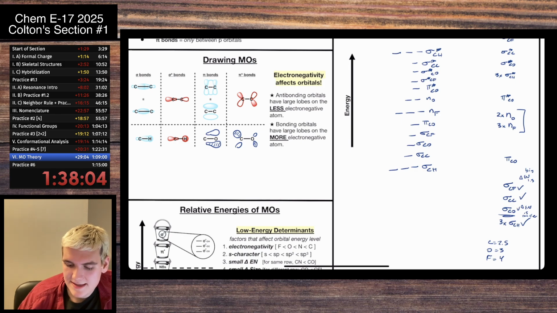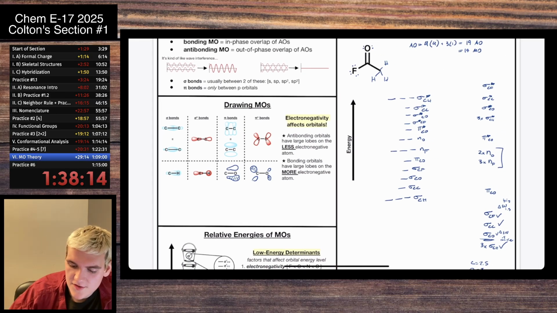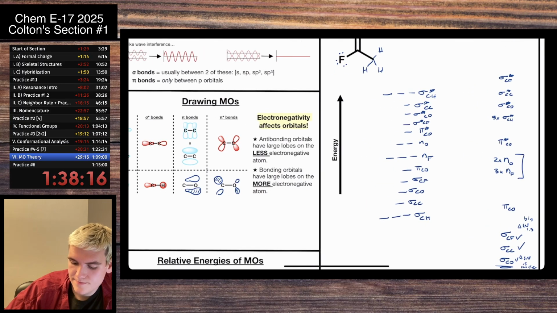So we have ranked the energy of all of our molecular orbitals. And the very, very last step is we populate our valence electrons. So we said we had 24, so we just start filling from the bottom. 1, 2, 3, 4, 5, 6, 7, 8, 9, 10, 11, 12, 13, 14, 15, 16, 17, 18, 19, 20, 21, 22, 23, 24.